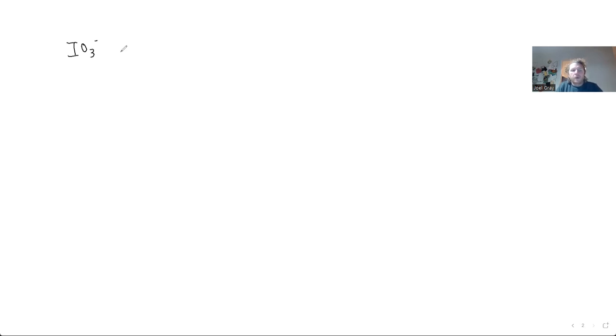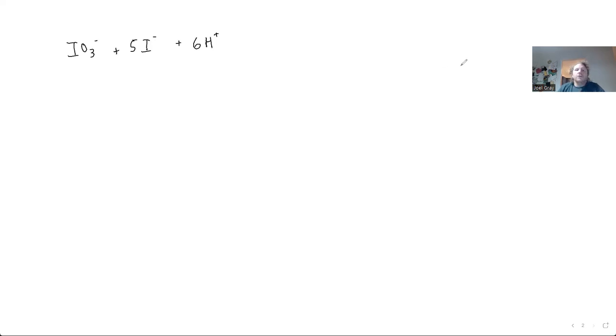That IO3 minus is going to react with a couple of different things. It's going to react with 5 moles of I minus from a solution of potassium iodide. It's also going to react, in an acidic environment, with 6 moles of HCl, which I'm just going to label as 6H plus.